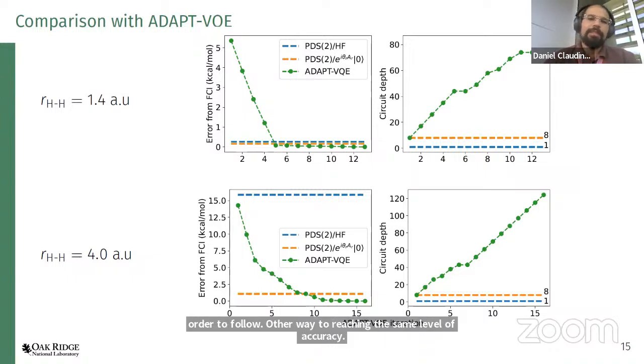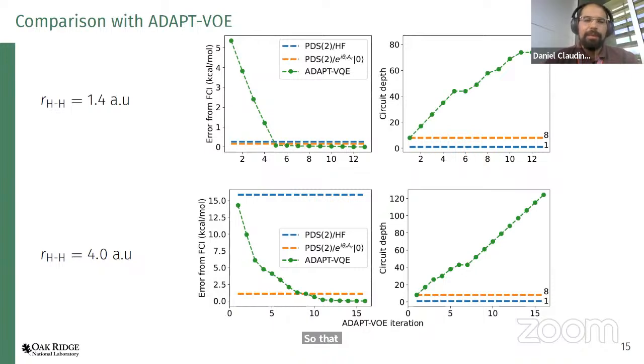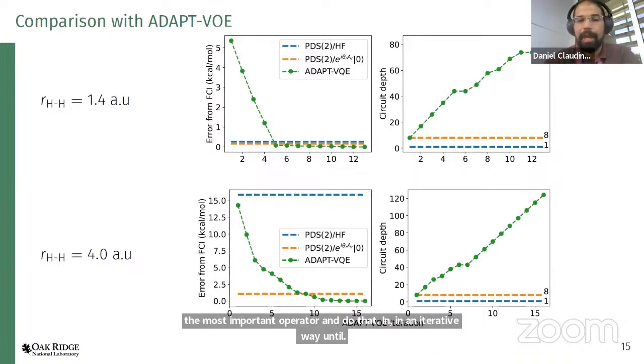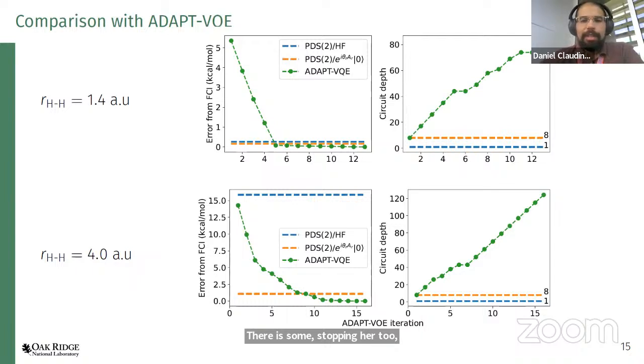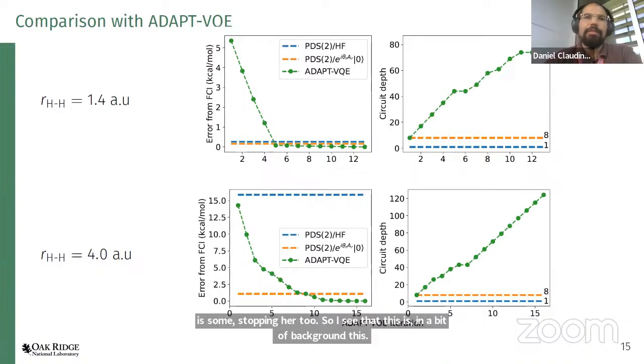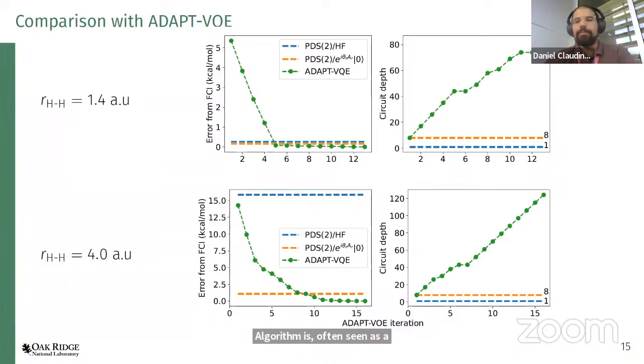ADAPT-VQE basically takes that idea of selecting the most important operator and does it in an iterative way until some stopping criterion is met. As a bit of background, this algorithm is often seen as a way to work around the bottlenecks of standard VQE.